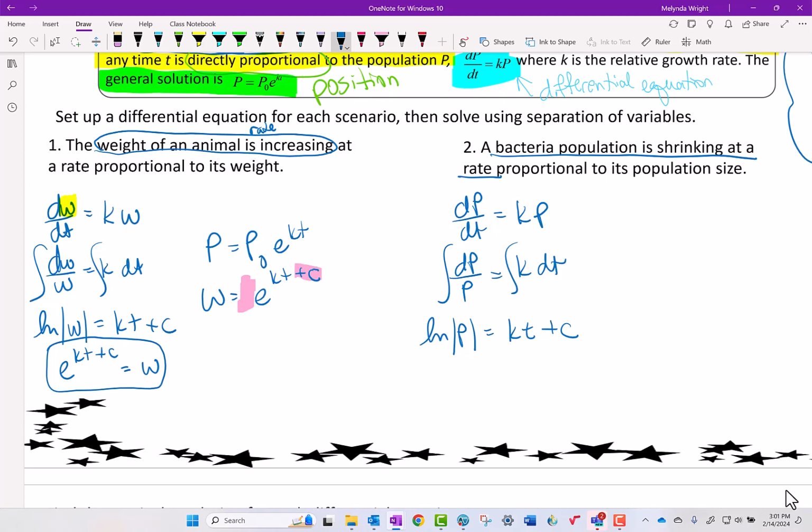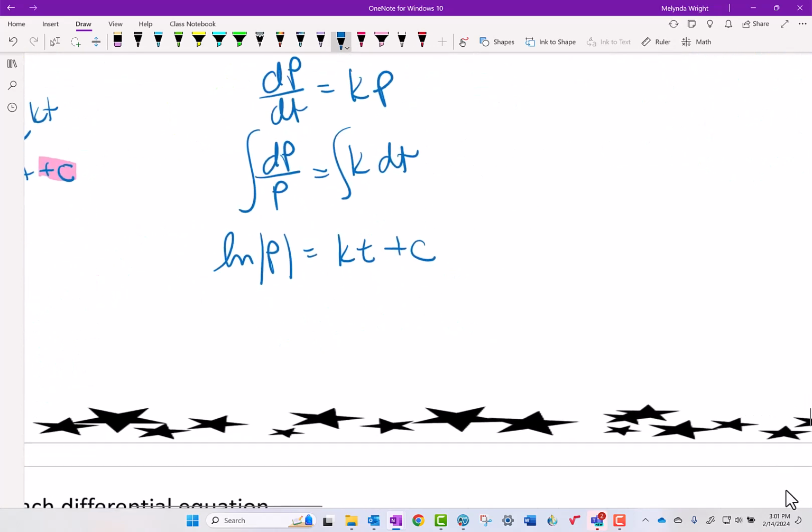Why did I put a t by the k? Because it's the antiderivative. Like that would be like a 2, right? K is just some kind of number, maybe 2. If it said 2 dt, then my antiderivative would be 2t, right? That's the way that works. So now we're going to convert. So e to the kt plus C equals P.